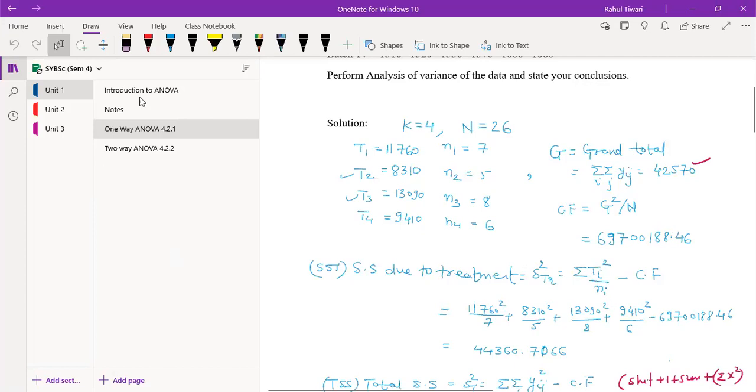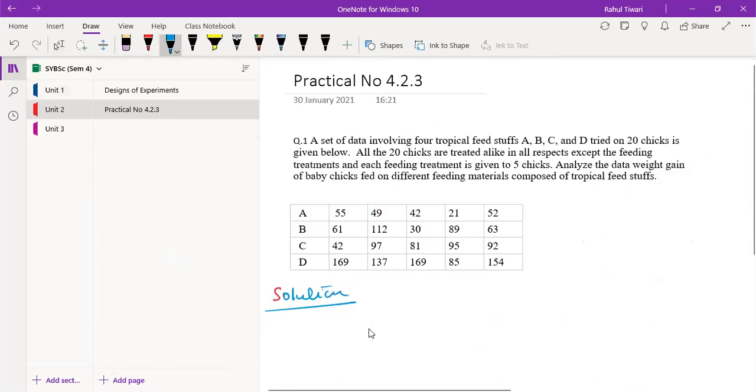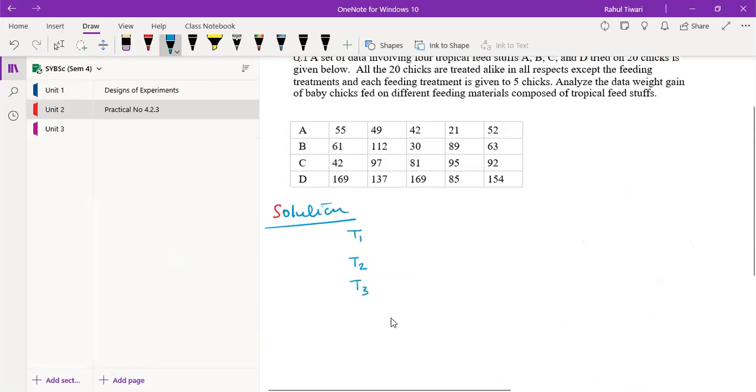So let's find out first all totals. That is your T1, T2, T3, T4 because we have four treatments. So just find out and let me know what could be your answer. Instead of writing N1, N2, I can write R1, R2, because we have according to the R1, R2, R3 formula, right?